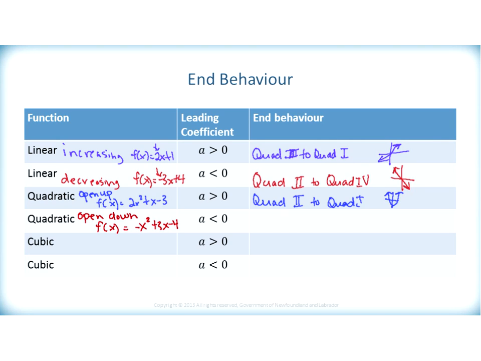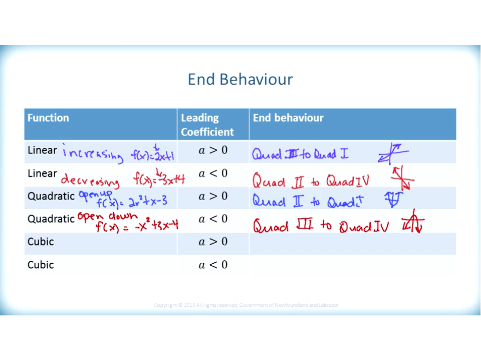And the end behavior will be from quadrant 3 to quadrant 4. Something like this.